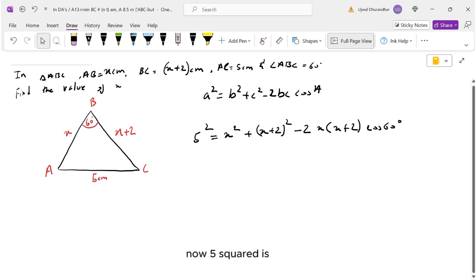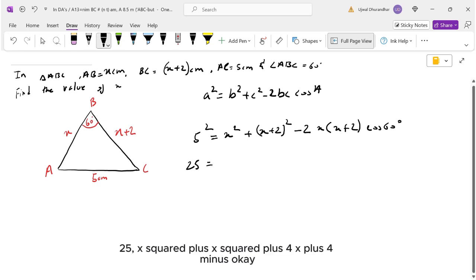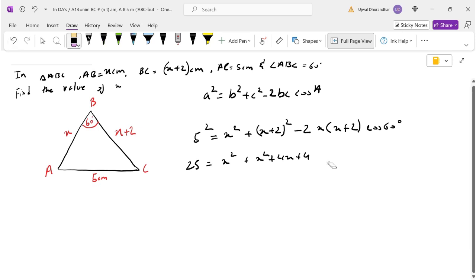Okay, now 5 square is 25, x squared plus x square plus 4x plus 4 minus, okay, now in this case cos 60 is half. So half into 2 will give me 1 itself, right?